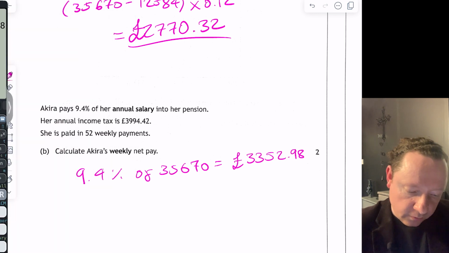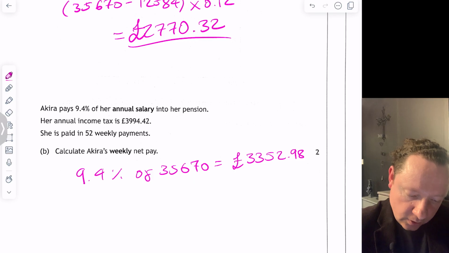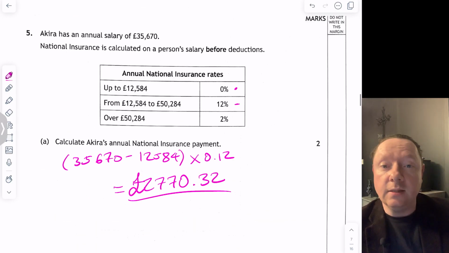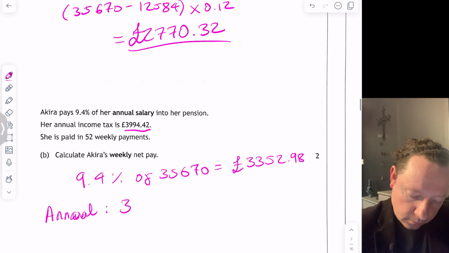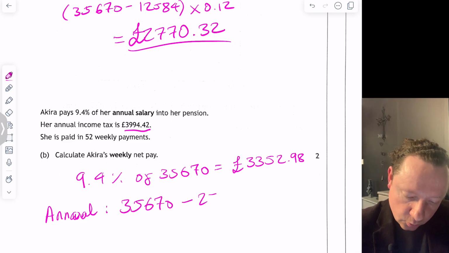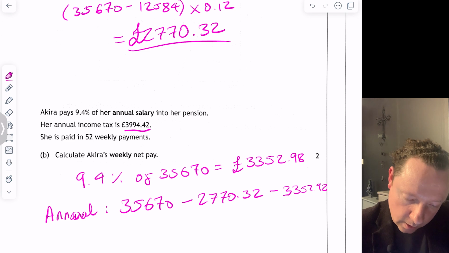So that's the pension for Akira, and the tax is this number. So her annual salary, not her weekly, annual, because we've already done everything as an annual payment, is 35,670 minus the national insurance we got earlier, minus the pension, and minus the tax.